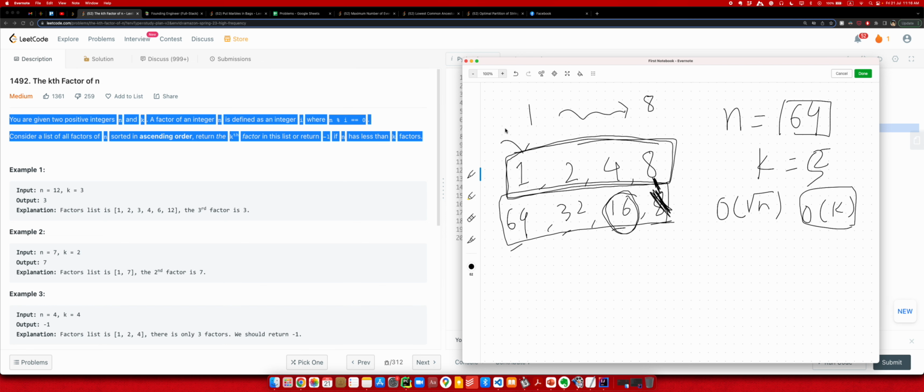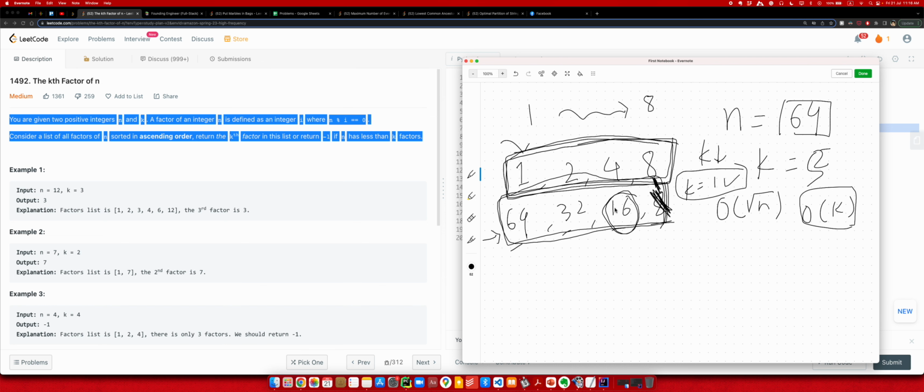So the approach is this: we go from one factor to another. We get one factor and we decrease k by 1. When k reaches 1, then our answer is found. But if we traverse this portion and k does not become equal to 1, then we need to check this portion. One interesting property about this portion is that it is sorted in descending manner, because when one factor is very little, the other is very high.